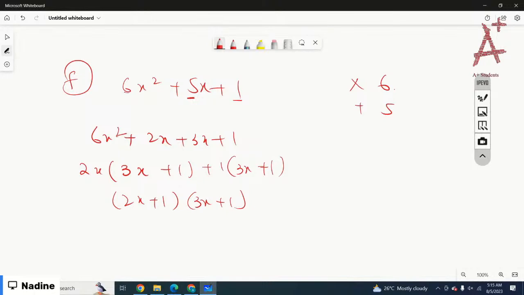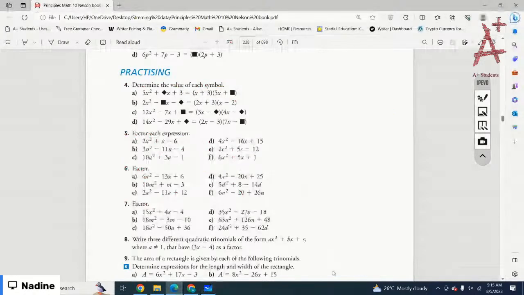Let's just start with question number 6. Factor 6x square minus 13x plus 6.